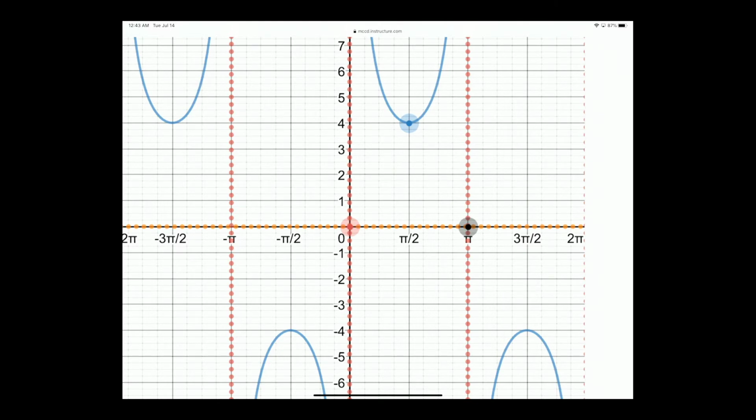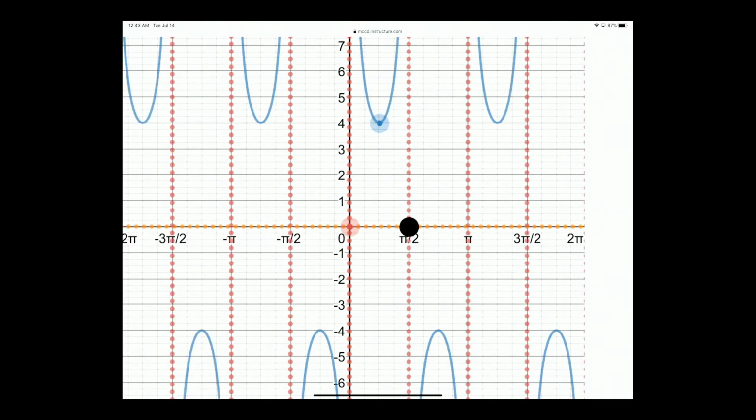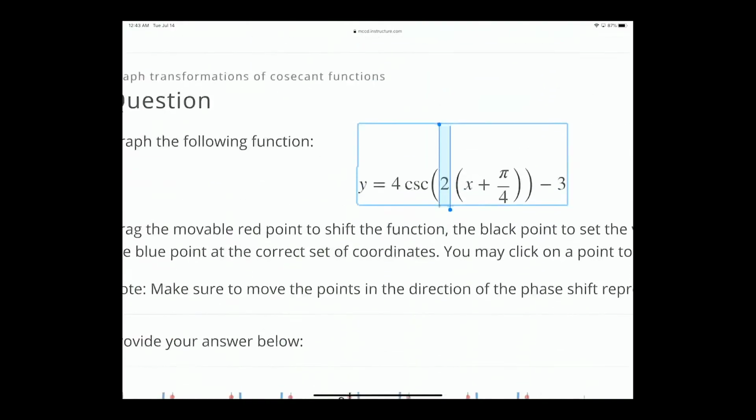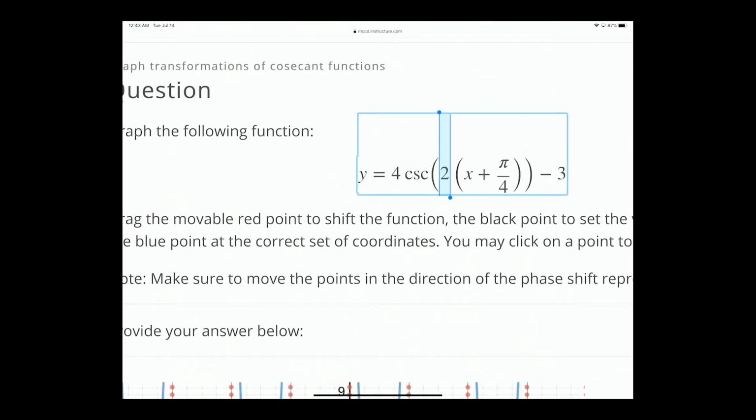If I moved it to pi over 4, I'd make it twice as skinny. Or I can take the black point, which is at pi. If I want to make it twice as skinny, I can slide that to pi over 2. So I take the black point, do that, twice as skinny. That's what the 2 does. What about the pi over 4?